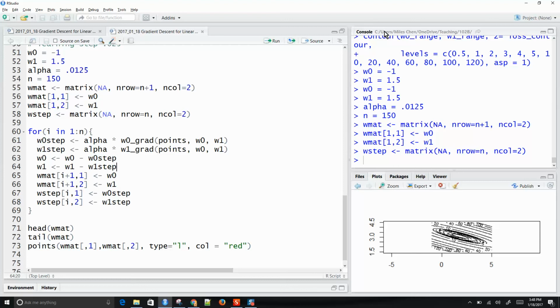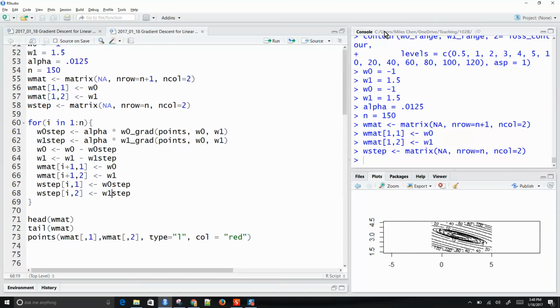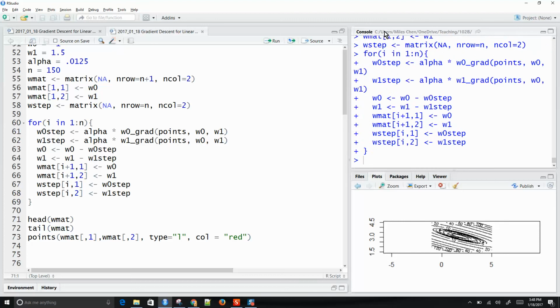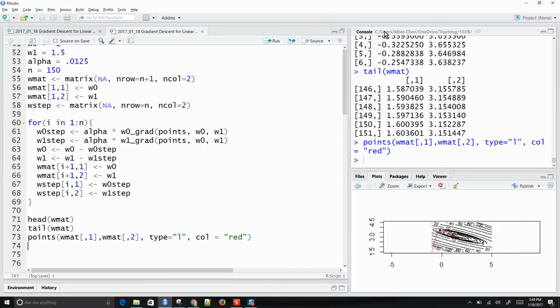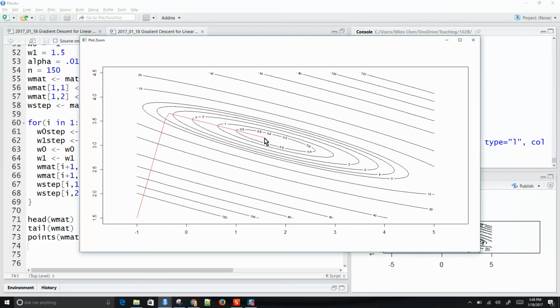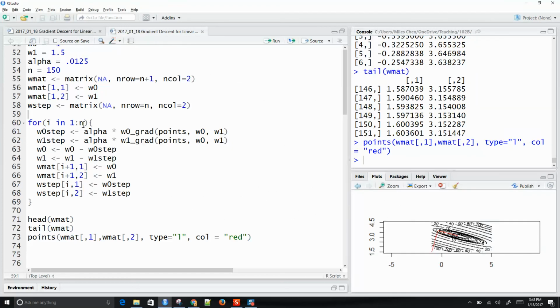So we update that, and I'm also keeping track of our step size. These are the values that we ended up getting. After 150 steps we got to right here. I probably need more than 150, maybe 200, maybe 500 steps or something.